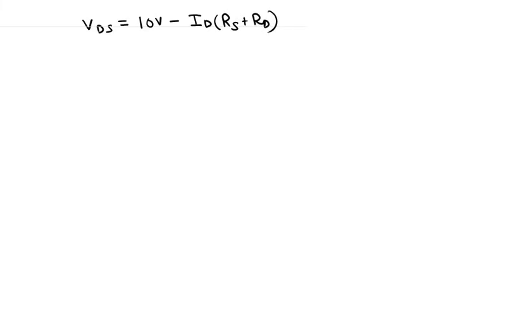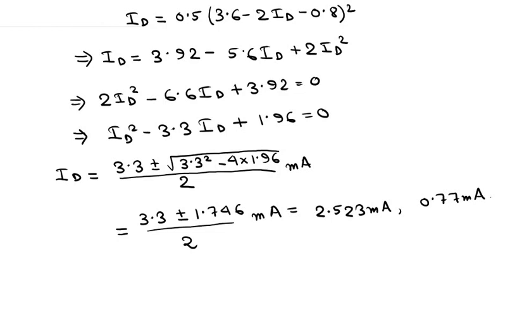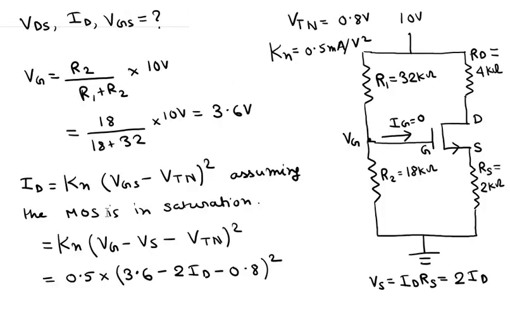If you have forgotten the figure, let me show it to you. So this voltage VDS is equal to this 10 volts minus the voltage drop across this resistor RD minus the voltage drop across this resistor RS. So 10 volts minus IDRD minus IDRS.